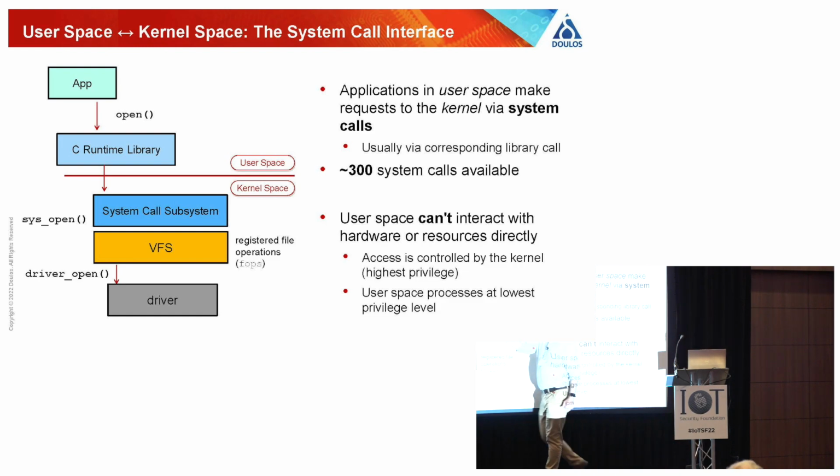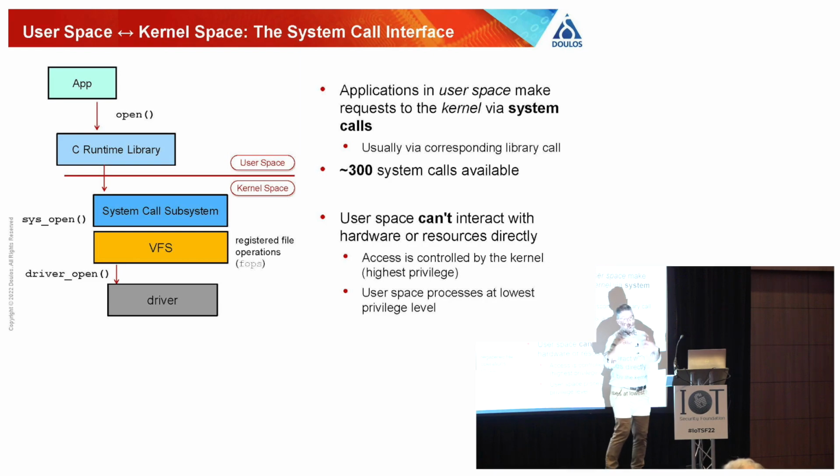When you make a system call, typically via your C runtime library, that gets intercepted inside the kernel. You can see open in this example turns into a call, sys_open, in the kernel, and it goes into this magic block inside the kernel called the VFS, the Virtual File System Switch, and it's this block that routes that call to the appropriate place.